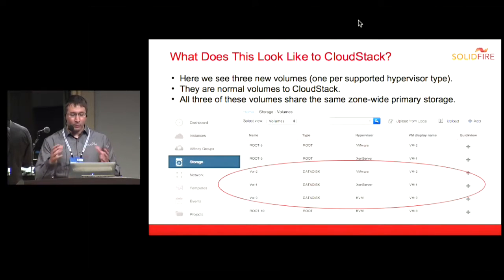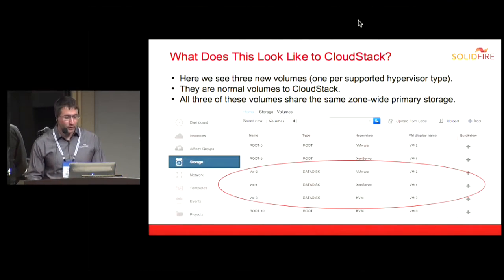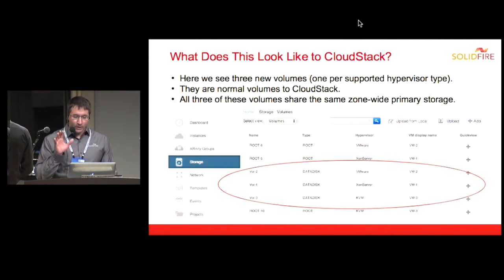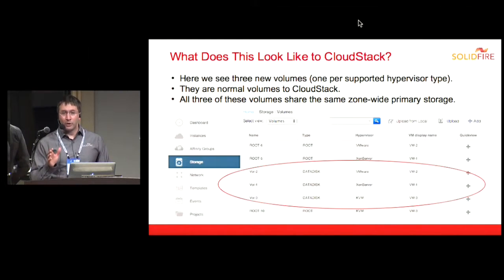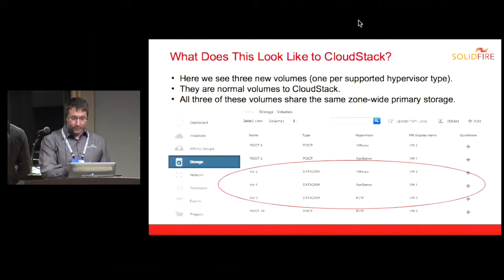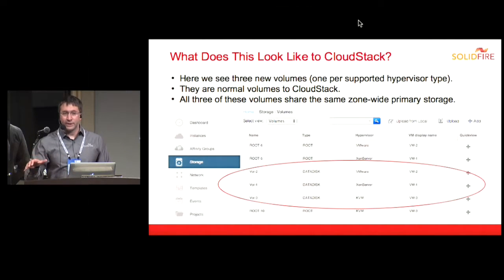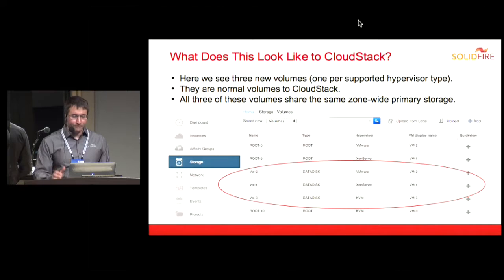So in the end, what we'll see here from CloudStack's point of view is this just looks like a regular CloudStack volume. The really interesting part to note here is it's all backed by the same primary storage, which exists at the zone level. And so if you see within the circled area, the hypervisor is different for those 3 volumes, but all 3 of those volumes are on the SolidFire SAN, and they're within CloudStack represented by the same primary storage.